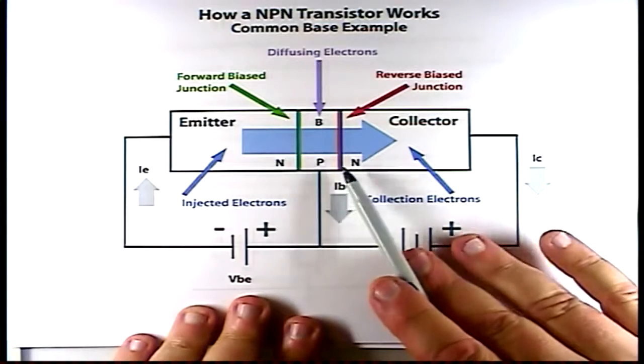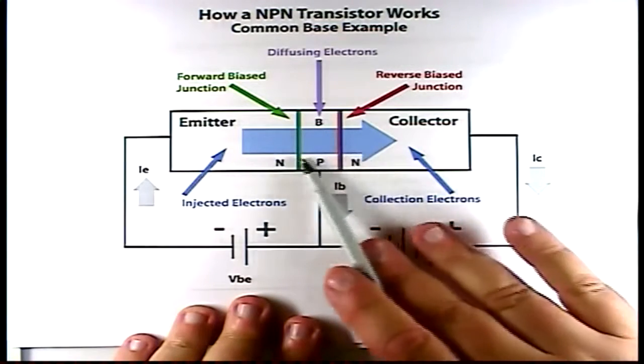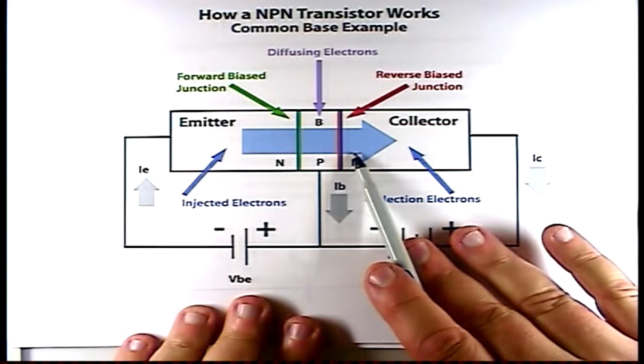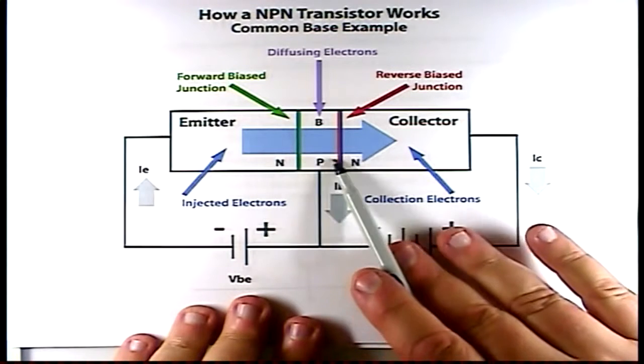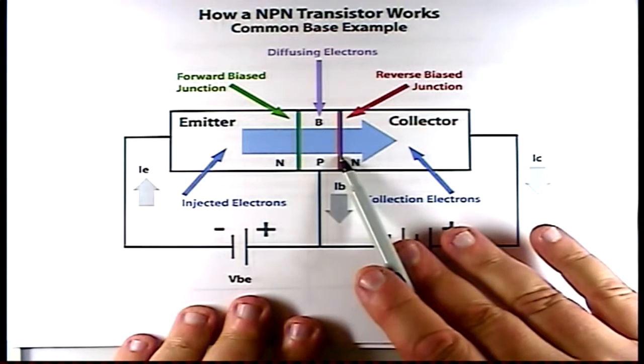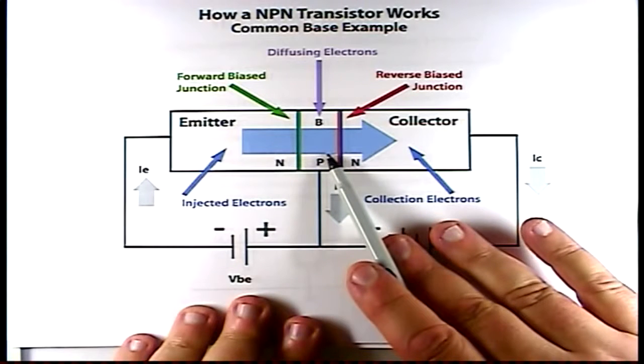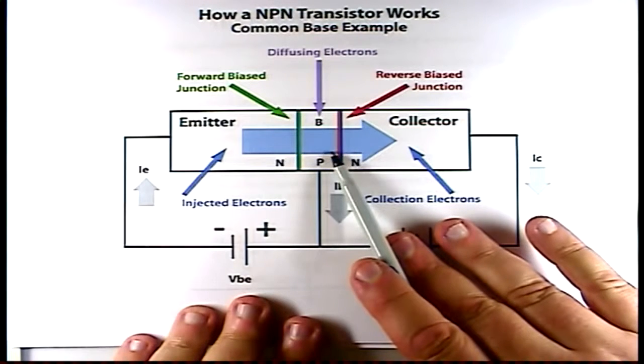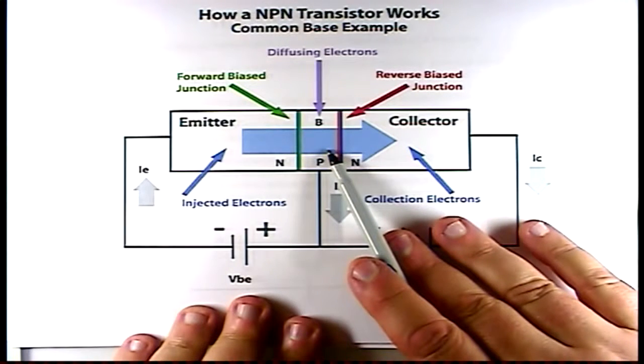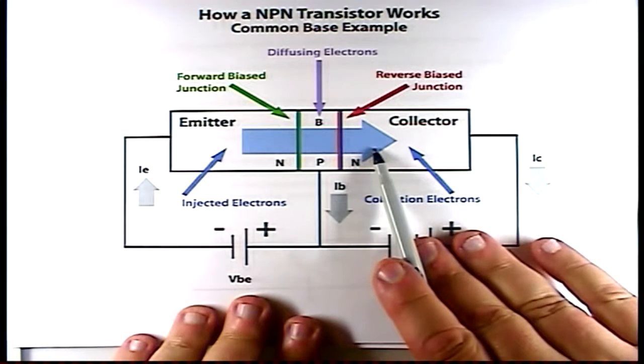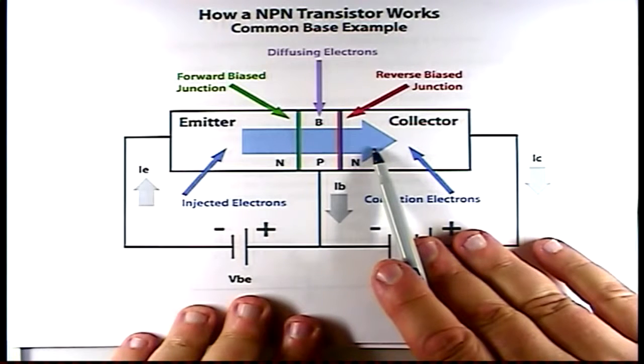But because of the different dopants, the size of the regions, and all kinds of magic they do when they build a transistor, filling up the base actually causes the electrons to saturate the base, and they're spilling over. They're like a pack of wild lemmings running over a cliff falling into the collector. And that's when the magic of amplification occurs.